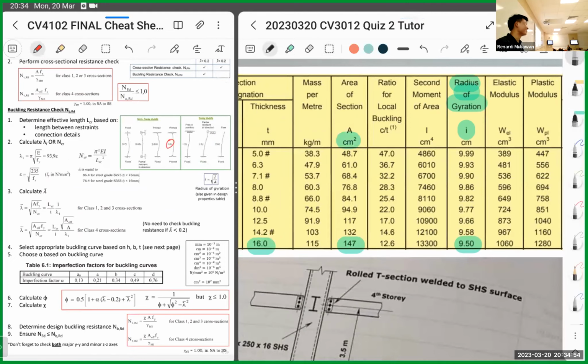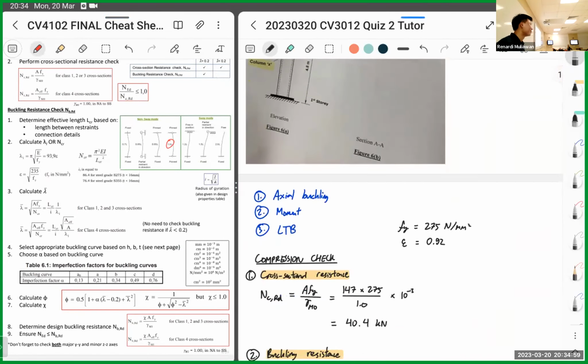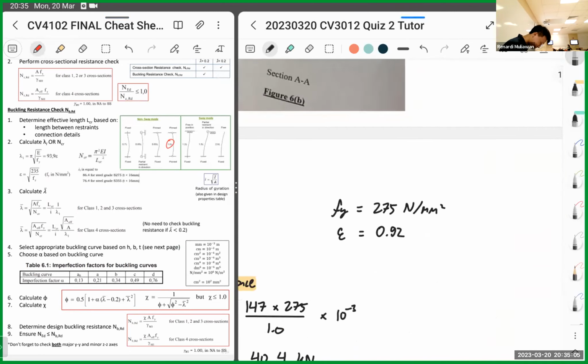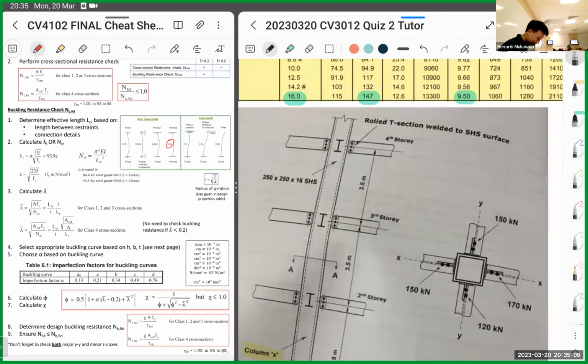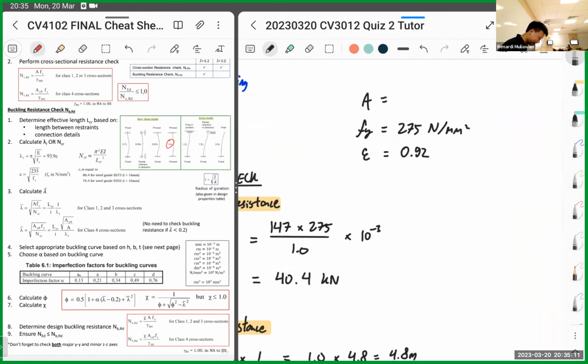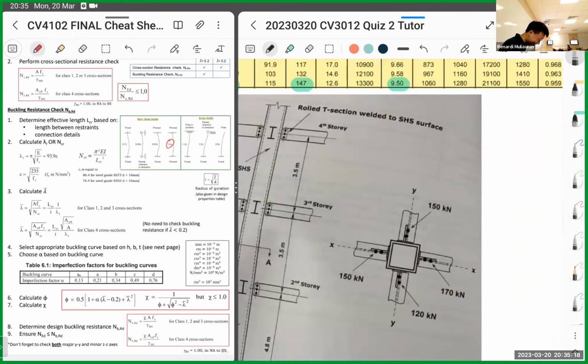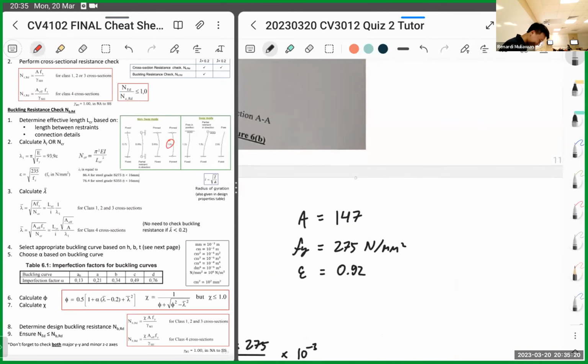That's how you check: if the number is lower than you think, it's probably wrong. It's 147 cm squared. If I retake this, I'll probably get a C.